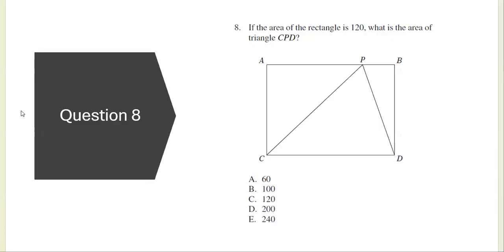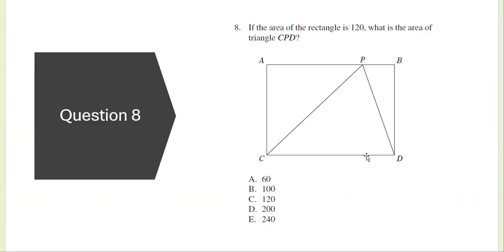Area of a triangle is half the base times the height. The triangle has the same base as the rectangle, yeah? And the triangle's height, if we draw a straight line down from P down to the segment CD, look, the height of the triangle is the same as the height of the rectangle.